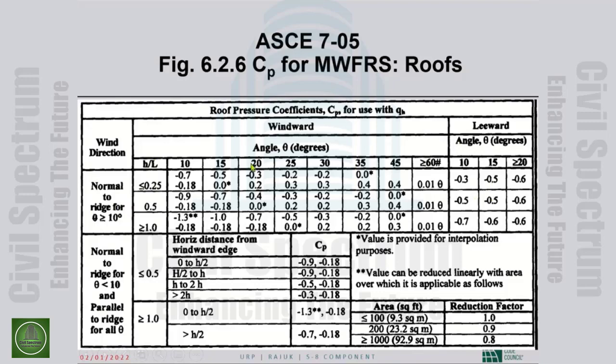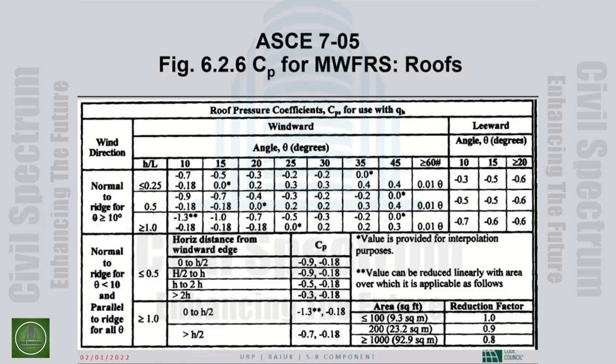Okay, on the leeward roof, suction only. On the windward roof, it is suction. I think once it gets to pressure here, okay, very steep roofs, just so that you see. Anyway, so you can figure out the external pressure coefficient C sub p for the roof from this table.